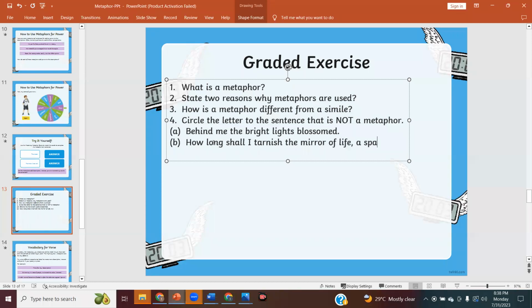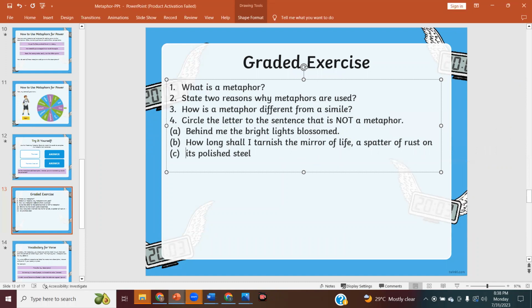A spatter of rust on its polished steel.